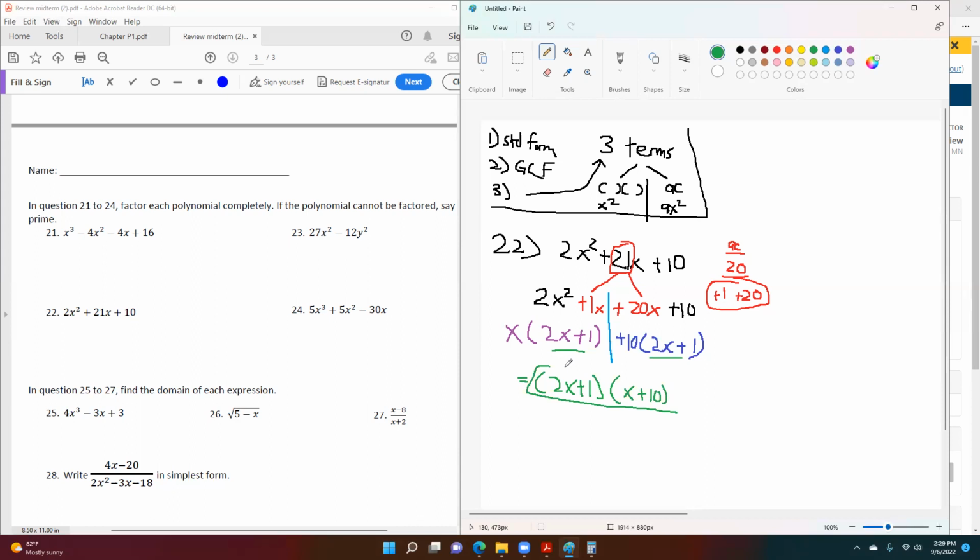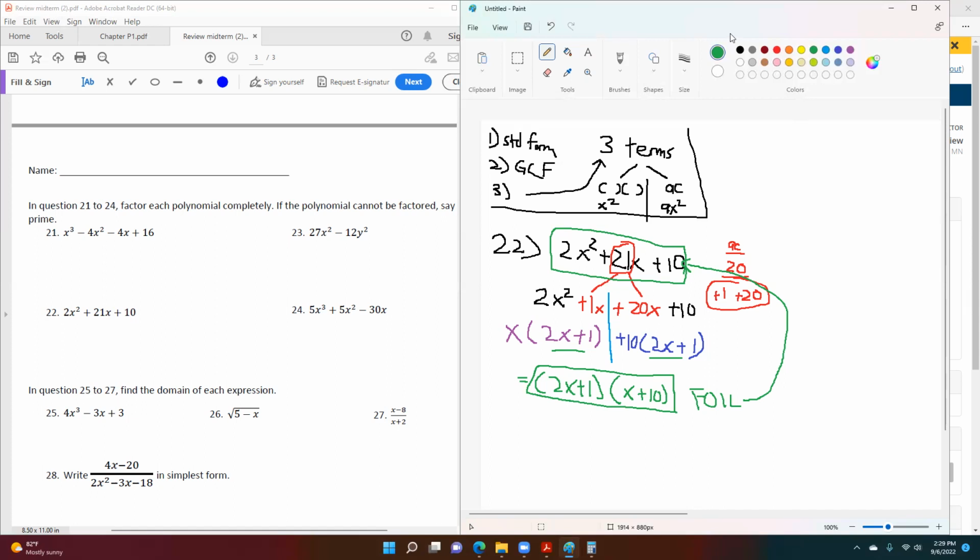And when you're done, make sure you spend a minute to FOIL it out, because if you FOIL your answer to check your answer is correct, what should you get back when you FOIL it? You should get back the original question. If you FOIL here and you didn't get back the original one, it means your answer is wrong. That's very easy to check with factoring.